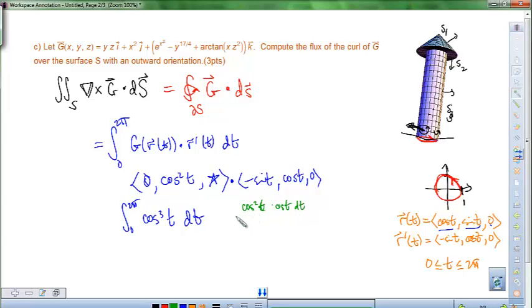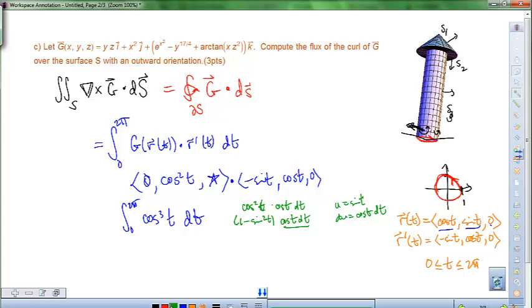That cosine squared t will become 1 minus sine squared t, times cosine t dt, and this prompts me to do a u substitution where u is equal to sine t, and then du is equal to cosine t dt. So there's my du, and I have 1 minus u squared.